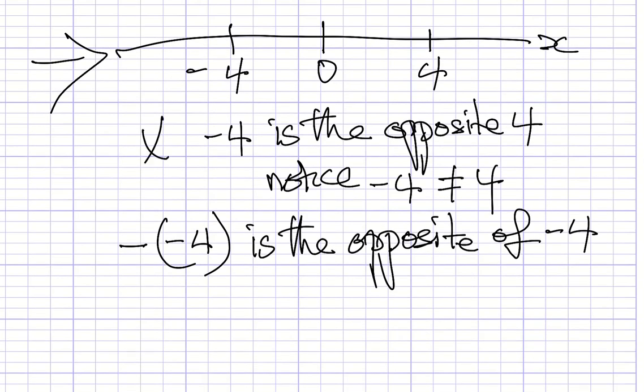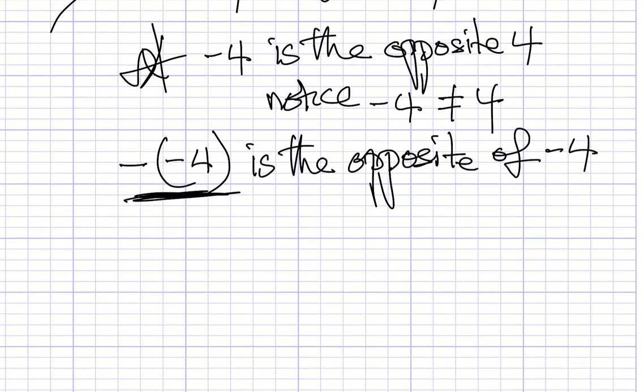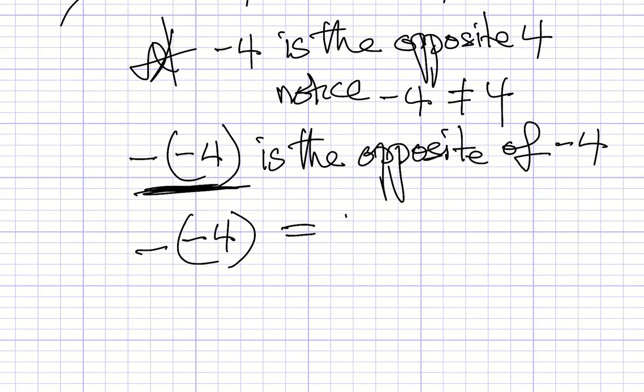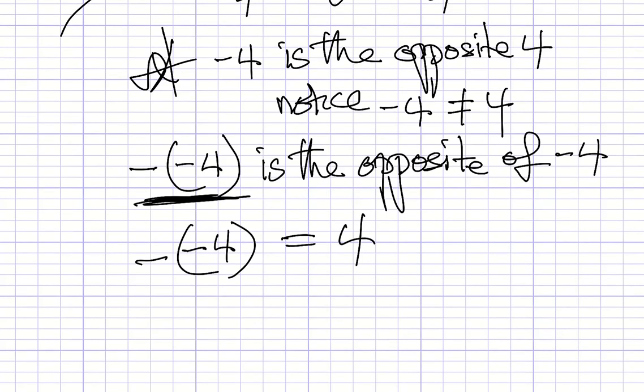Actually, from this property here, it has to be the opposite of minus 4, right? So in other words, this is the best way to show on the Cartesian coordinate that minus 4, then you put a negative sign in front of it, it's the same thing as 4. You see? Because this here is the opposite of minus 4.